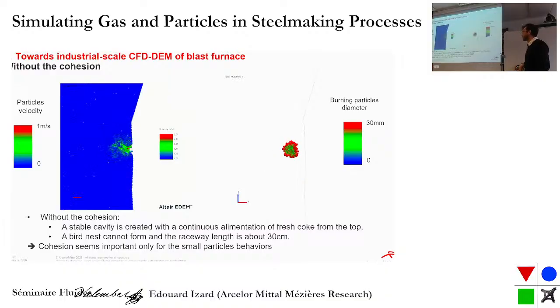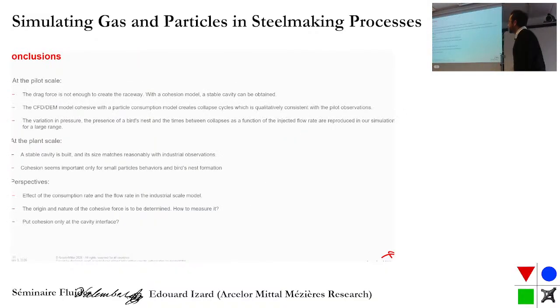So we have observed that, in fact, the cohesion is important to obtain this small particle phase at the rear of the cavity, that to some extent controls the gas flow because it redirects the flow from horizontal to vertical. So the cohesion seems important, but only for the small particles' behavior. But of course, there is a lot of work to continue in this field.